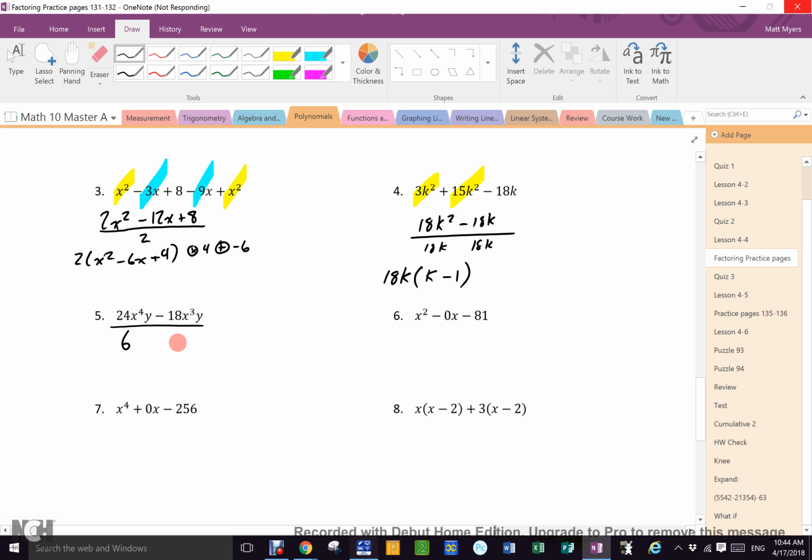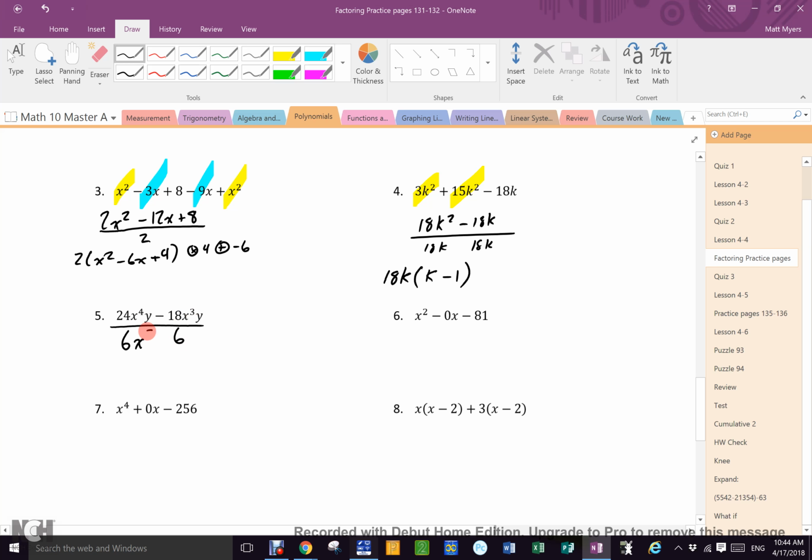Cubed. Why? Because this guy will let me have 3 of them. Is the Y coming out? Yes, because they both have 1 to give. So it's 6x cubed y, 4x minus 3. Everybody good?